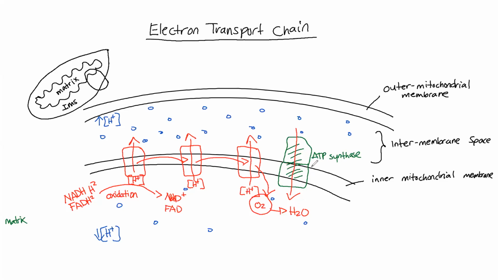As these hydrogen ions move through ATP synthase, we now go from ADP plus the phosphate, and we make ATP, okay? Now, because this is oxidative phosphorylation, this is the electron transport chain, we make the bulk of our ATP. We make about 34 ATP molecules per molecule of glucose.